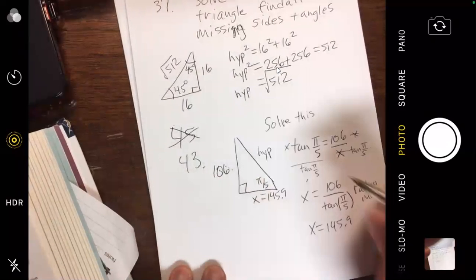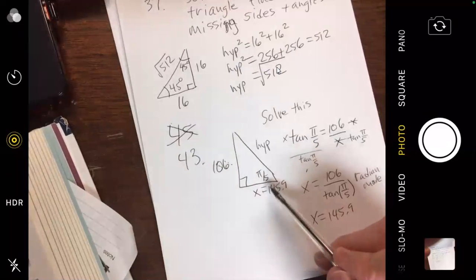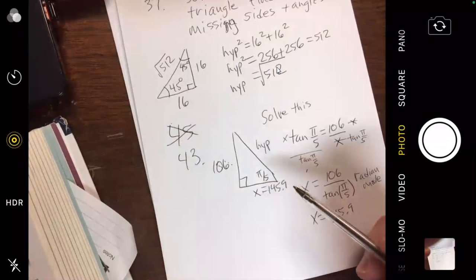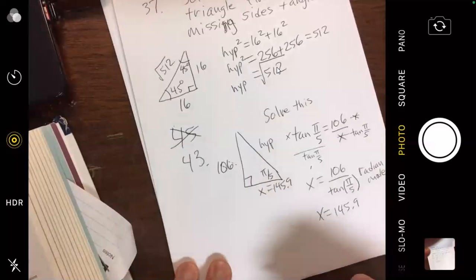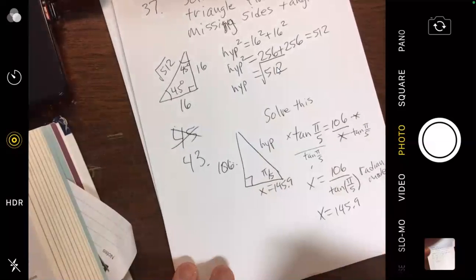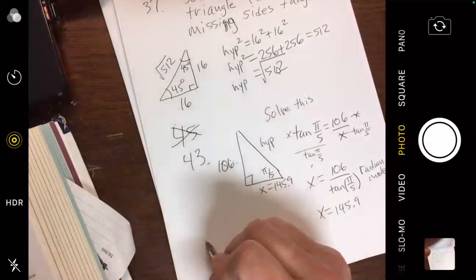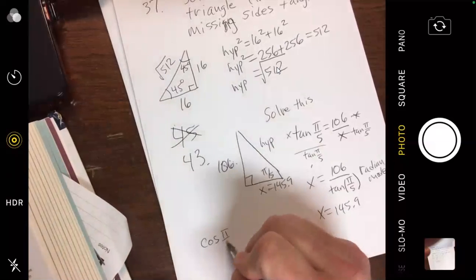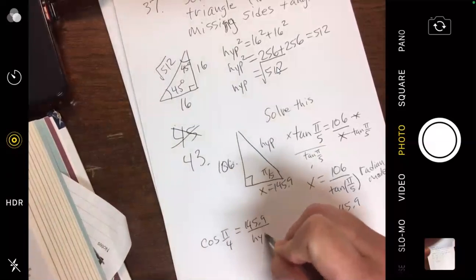You could use any of the trig functions. You could use sine, this over this, and solve for it. You could use cosine, this over this, and solve for it. You could use the Pythagorean theorem now. So there are multiple ways to do these things. I guess I'll use cosine of pi over 5 equals 145.9 divided by the hypotenuse.